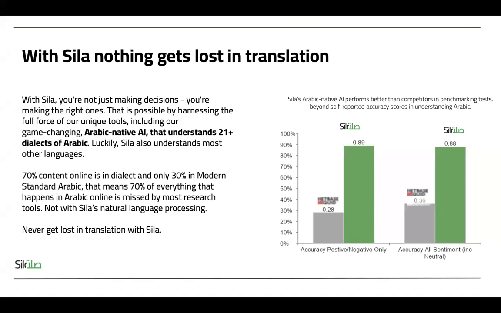So what Scylla does, it first picks up the Arabic, it picks up the dialect, and interprets the data and what they're actually speaking about the brand in the context of that dialect and in the context of the sentence, to be able to give you the right perspective, whether it's positive, it's negative, and what they're really talking about, what's the theme and the broad messaging of any comment, any post, any review that's being left behind for the brand.